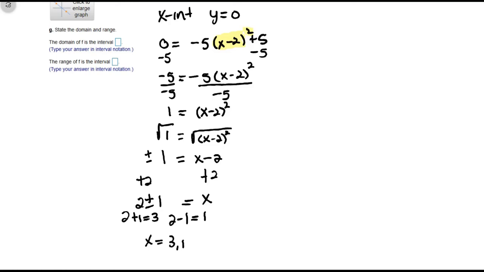Okay. The next part is asking about the y-intercept. We find a y-intercept by letting x equal 0. So in my function, I substitute a 0 in for the x.